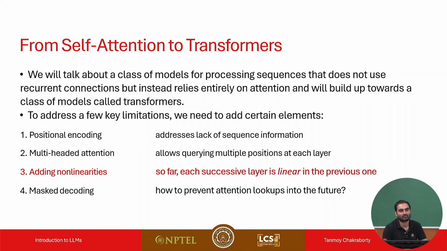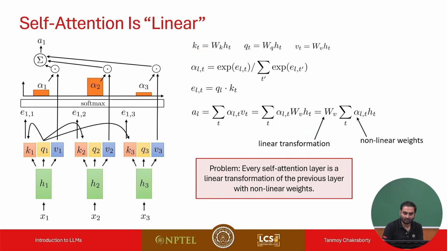If there are n tokens, every token is attending to all the other tokens, including itself. So the complexity is order of n squared. We'll see that self attention is a linear operation, although it looks very complicated.